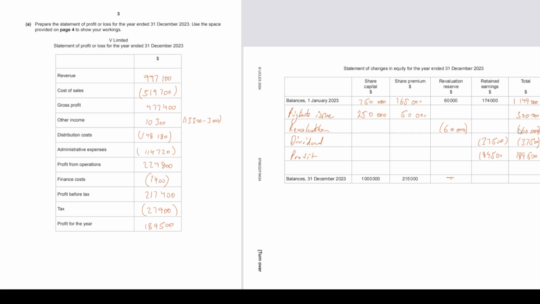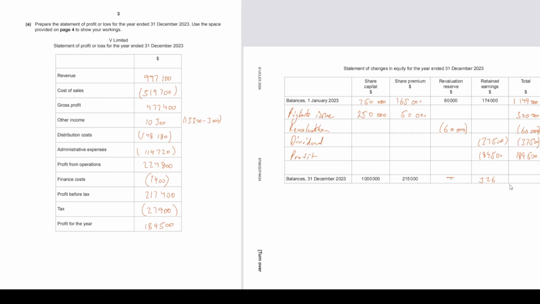Okay, gone. What about the retained earnings? 174 minus 37.5, not minus, sorry, plus 189.5. Gives me 326.